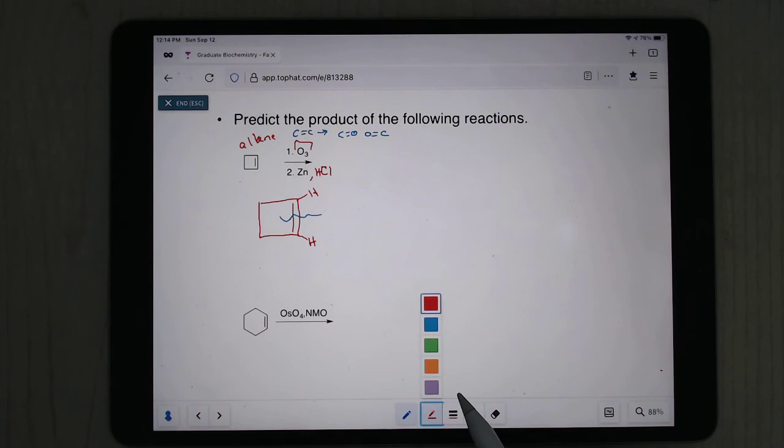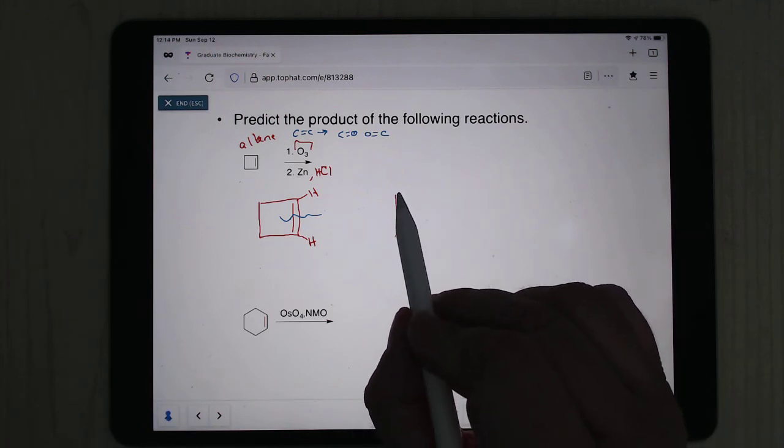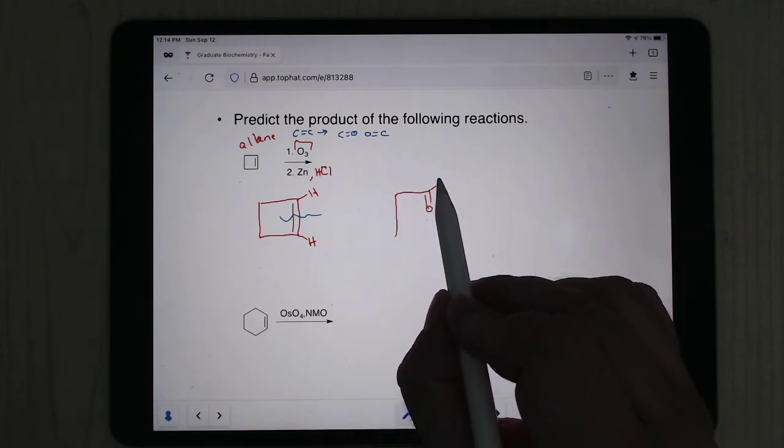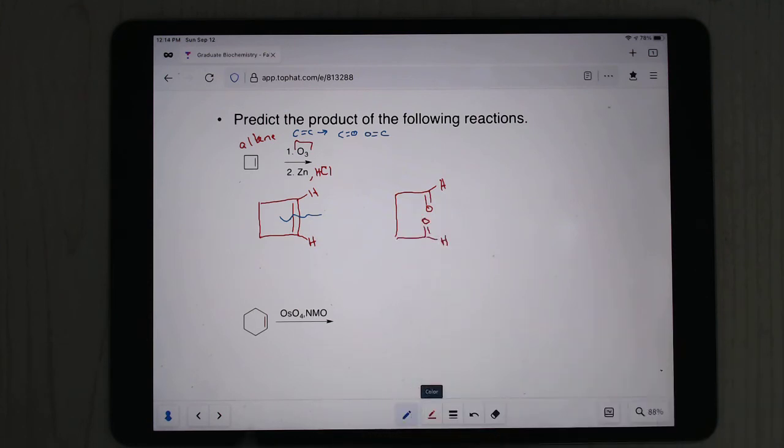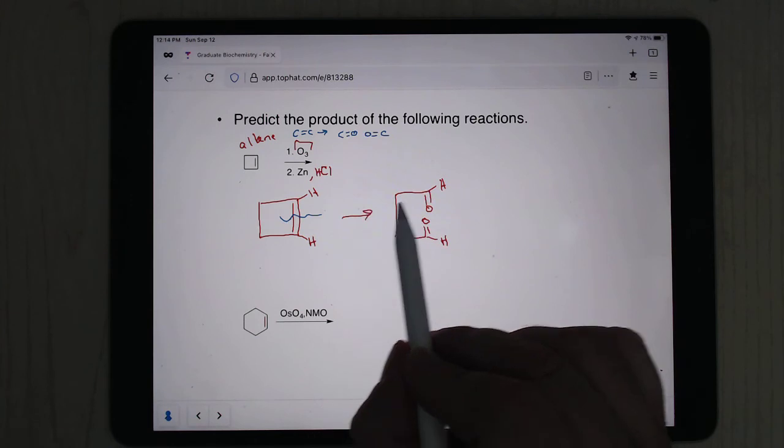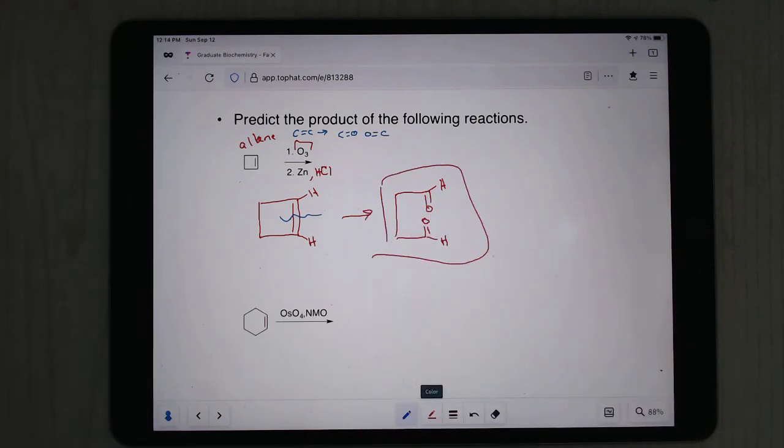And so you could literally draw it like this. Like that. So here's your product.